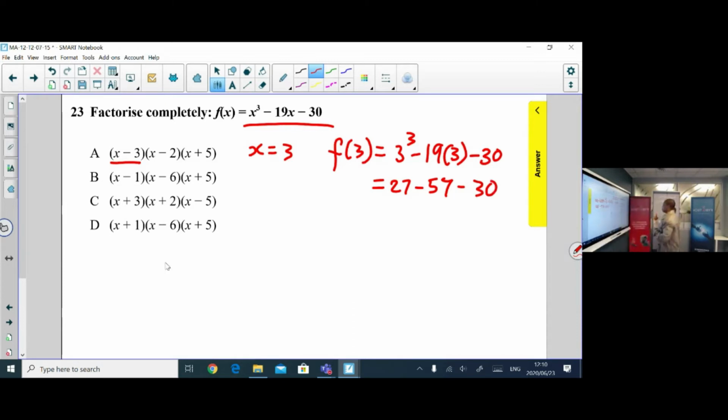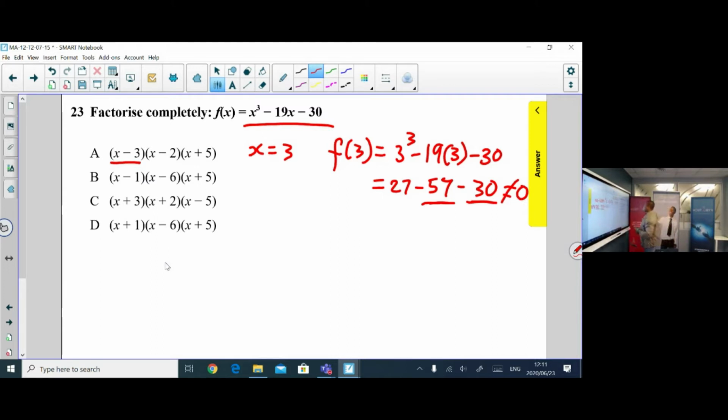So by simple inspection, you will see that this particular expression is too negative. It will not fulfill the question at hand, which is to find something that would give us 0. So it will not give us 0.